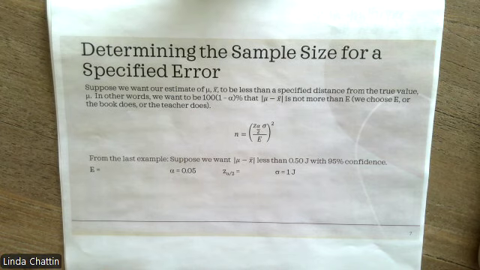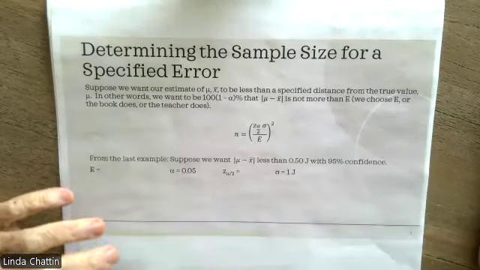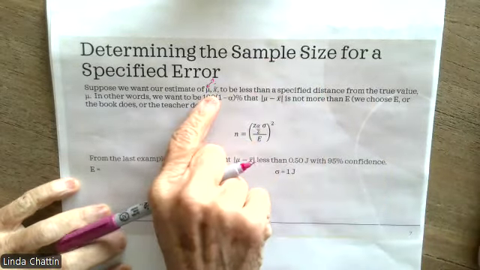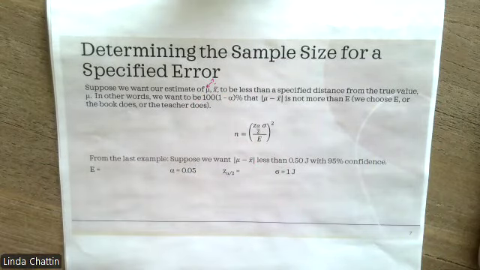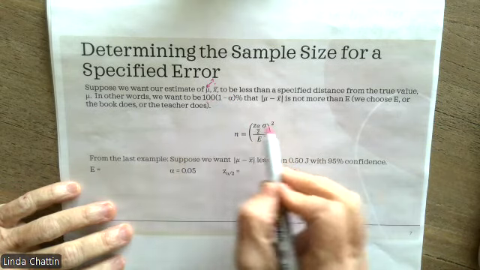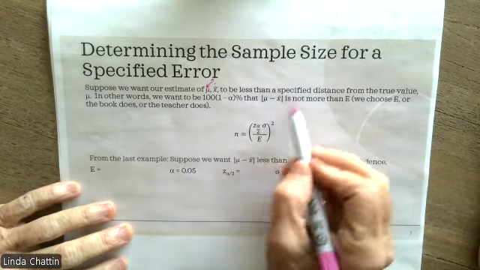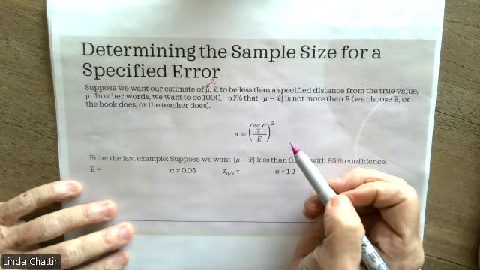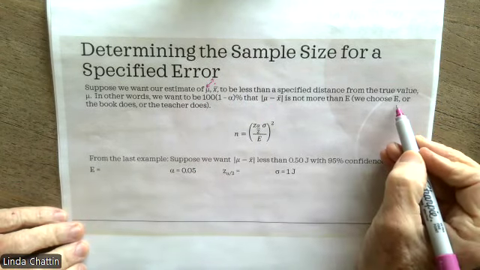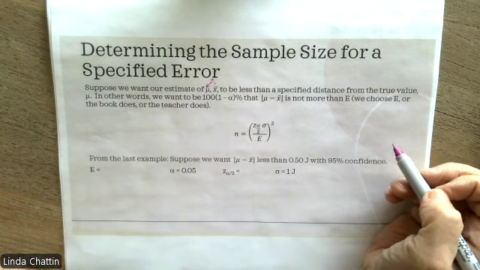So suppose we want our estimate of mu, x bar. Remember, we don't know what mu is, but x bar we can get by getting the sample mean. We want it to be less than a specific distance from the true value. In other words, we want to be this confident that mu minus x bar, the absolute value, is not more than E. So either we're going to choose this letter E, or the book does, or I do, right?